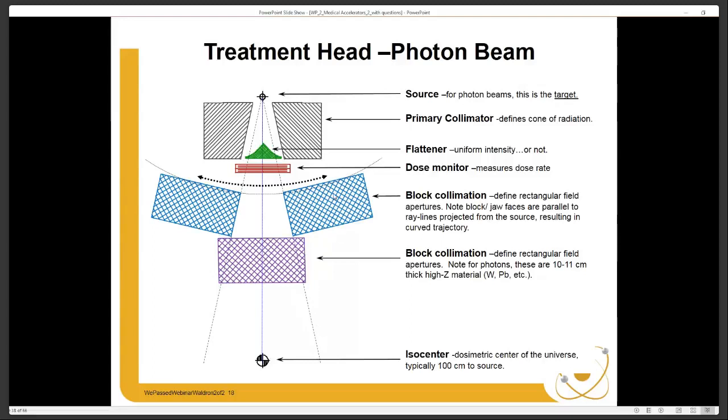And that means that if the collimator is just a block, it has to move in sort of an arc path shown here, right? And so the block face is going to be perpendicular to this arc and parallel to this ray line as it opens and closes. I'd also like to point out that for photon heads, the distal portion of the collimation is in general far from isocenter. Usually the distance from the bottom of the jaws to the isocenter is in the range of 50 to 60 centimeters.